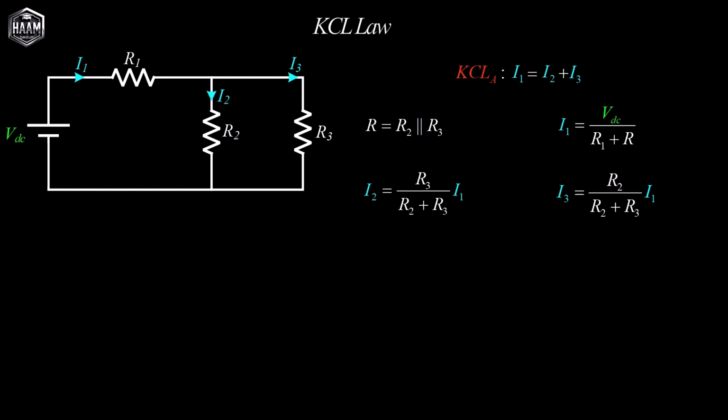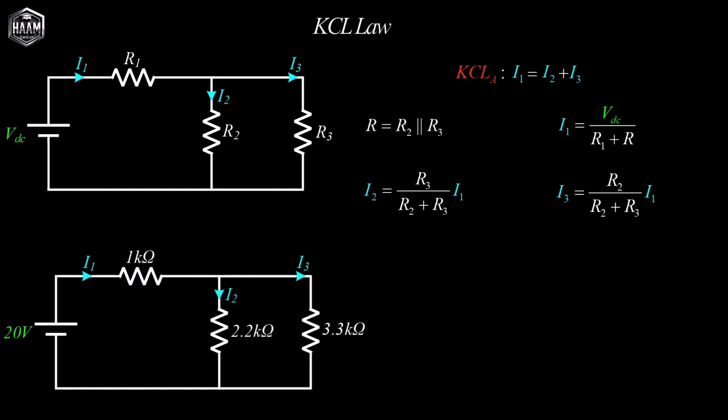Now we want to verify these theoretically calculated values with measurement. We choose VDC equal to 20 volts, R1 1K, R2 2.2K, and R3 3.3K. We now draw a table.